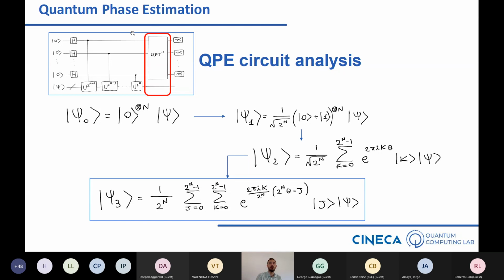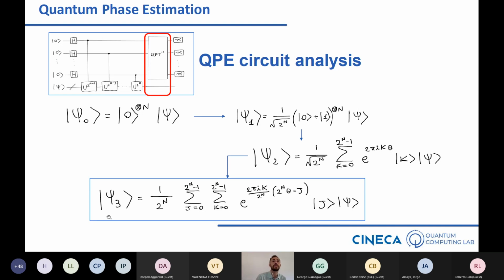Then with the quantum Fourier transform, this term becomes, as we have seen before, you apply the quantum Fourier transform to k and you return to j. And you get another phase, 2 to the n j, that goes inside the exponent. The thing I want you to understand is that at the end you get a state like this.